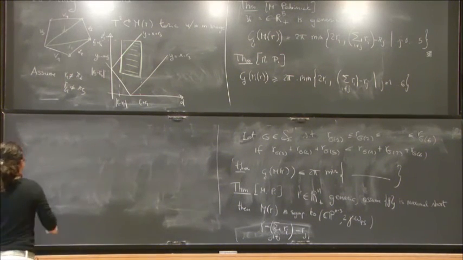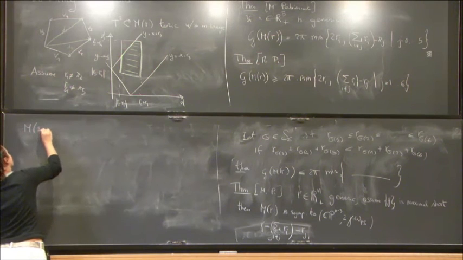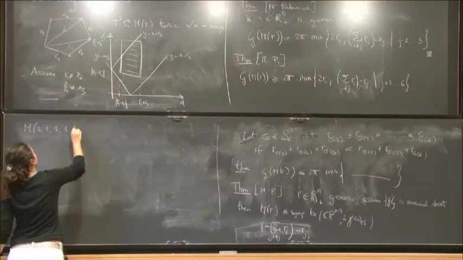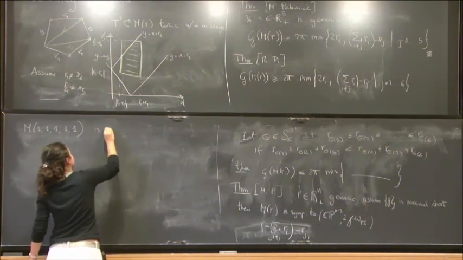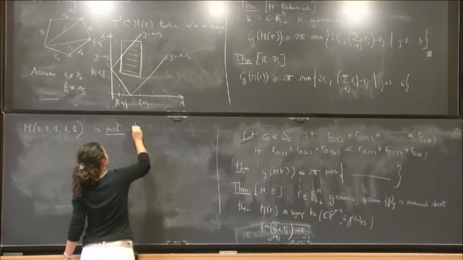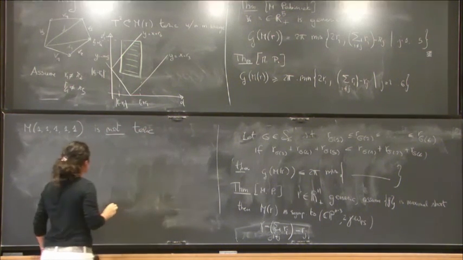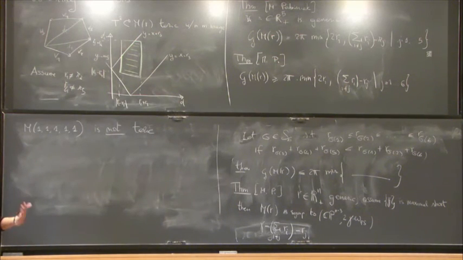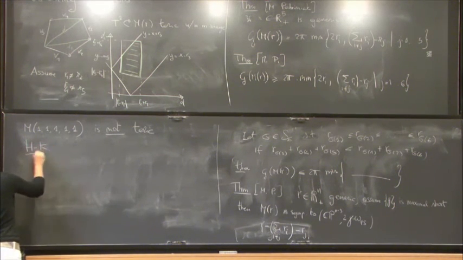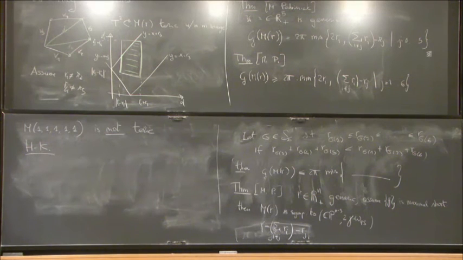So the equilateral case M(1,1,1,1,1) is not toric. It's smooth, but not toric. And by not toric, I mean that not only can I not make it toric with the bending action, it's really non-toric. Hausmann and Knutson proved that, they computed some topological invariants, I think the Riemann-Roch number and the Euler characteristic, and they have different numbers. And so this is really non-toric.